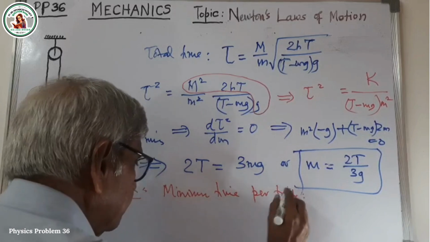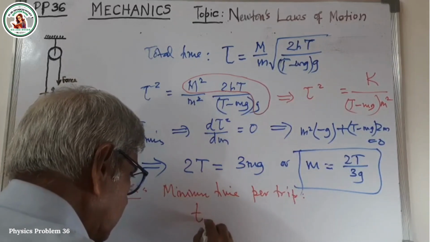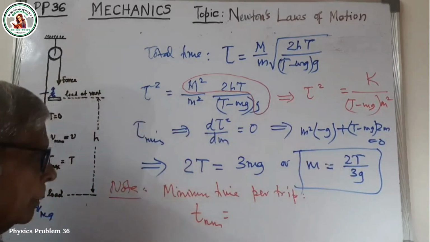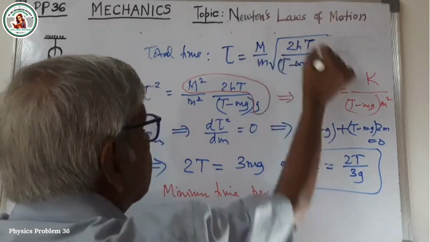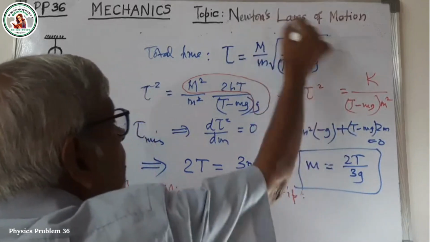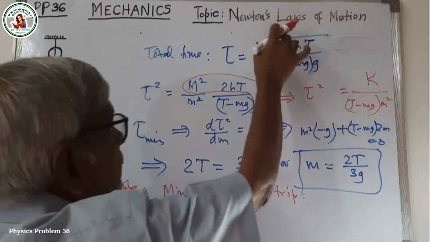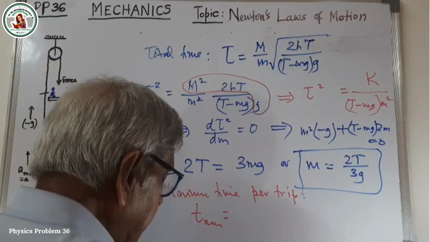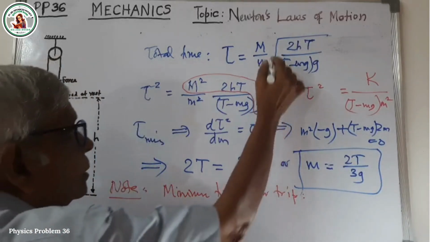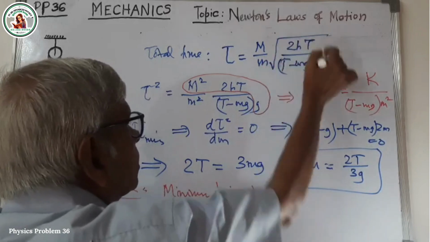You just substitute this value into the general formula for T minimum.